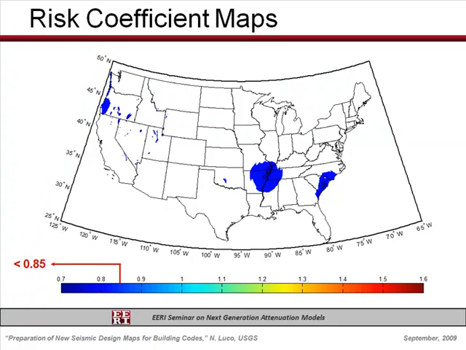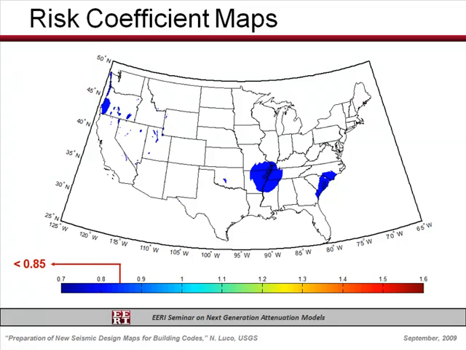And then here I'm just showing the places where the risk coefficient is less than 0.85. So where the risk coefficient says you can design for lower than 2,500 year ground motions to achieve a 1% chance of collapse in 50 years.